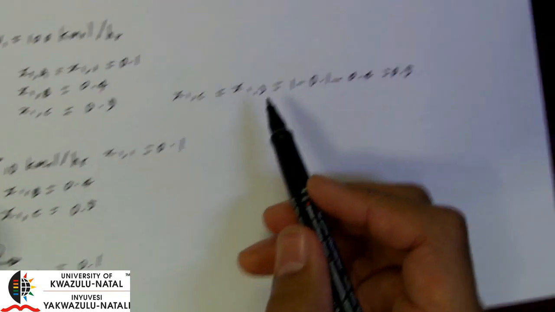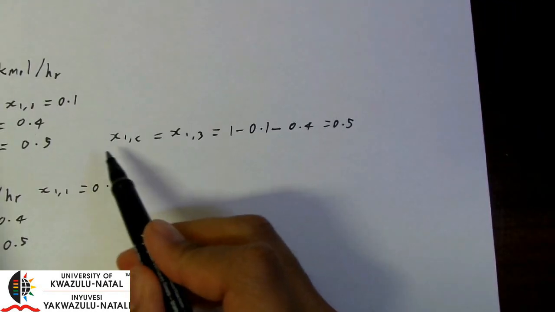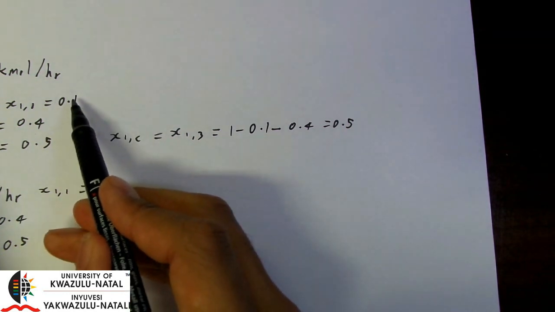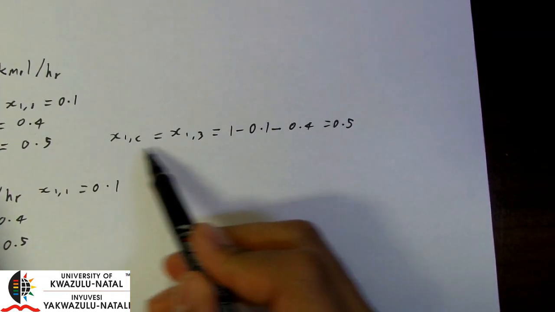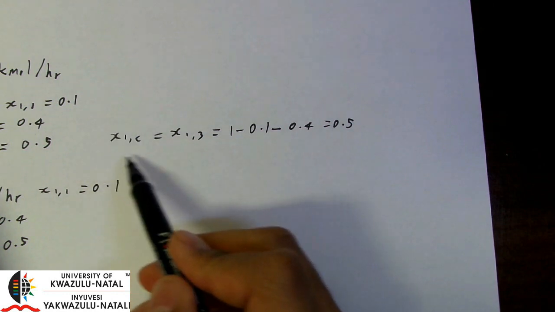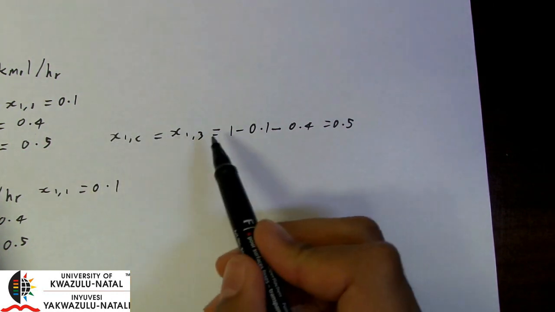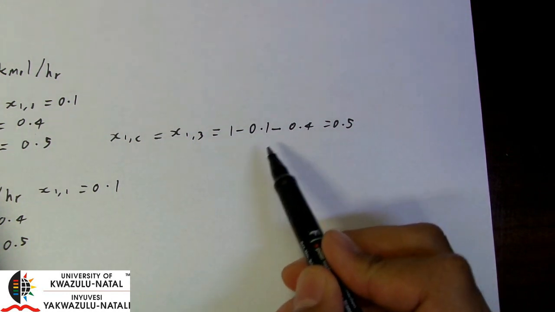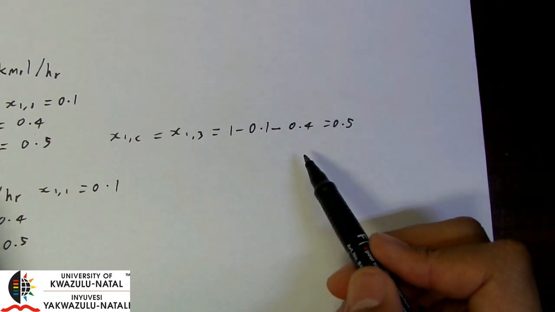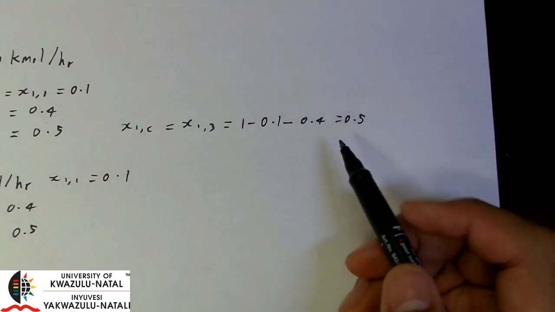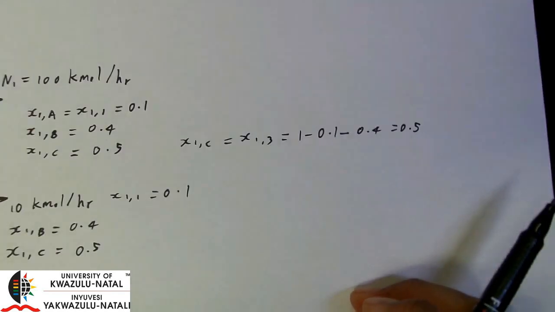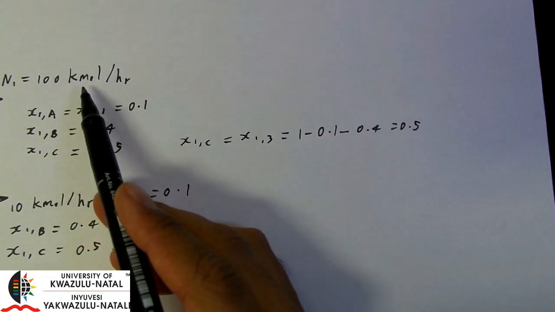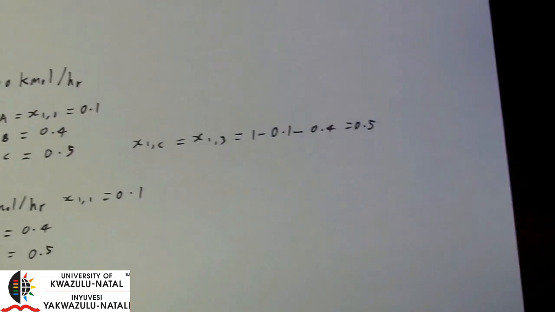For example, the x1c is a dependent variable because we use the independent variables to calculate it. So a dependent variable is dependent on a calculation of independent variables. Okay, so in this particular stream we need at least 1 flow and 2 compositions.